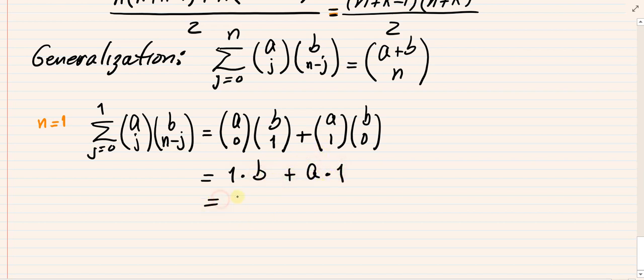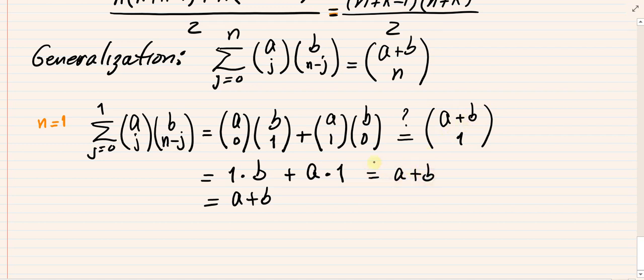So this is going to be simply a plus b, right? And what I'm proposing is that it equals a plus b choose 1 in this case, which is just a plus b. So it checks. It works. We just showed the left and right sides are the same.